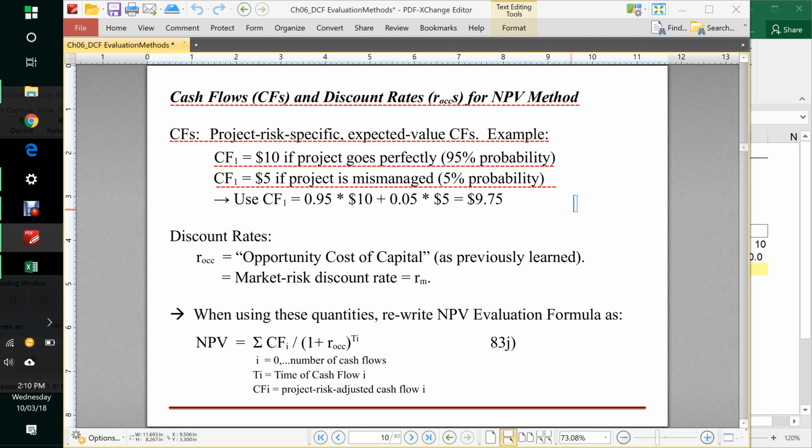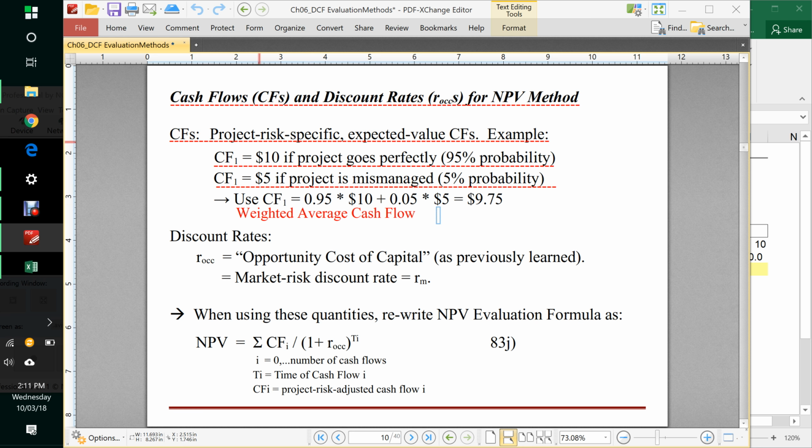So the project risk-specific cash flow for this project with this sponsor offering it to us is going to be the weighted average cash flow from all 100 projects that we've been able to inspect. So that's going to be 95% probability times that $10 plus 5% probability times the $5, or $9.75.